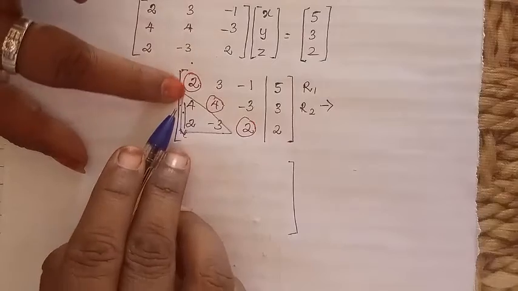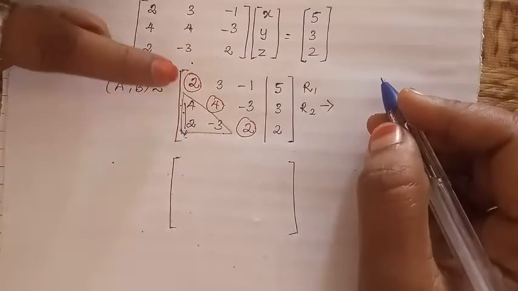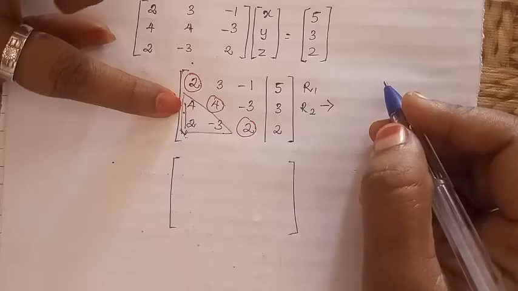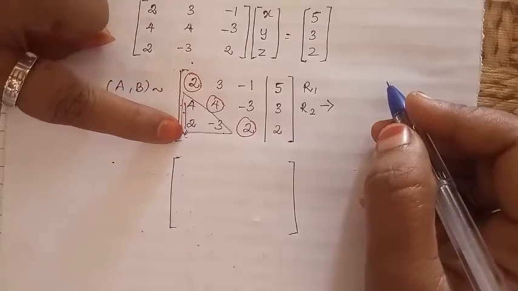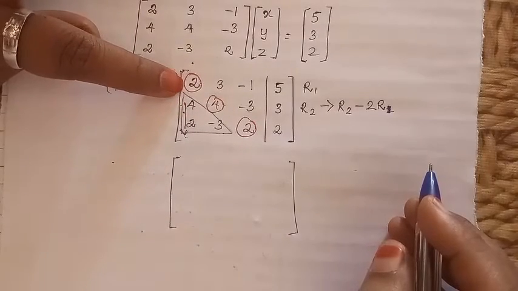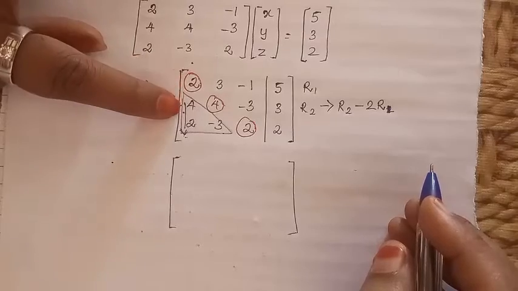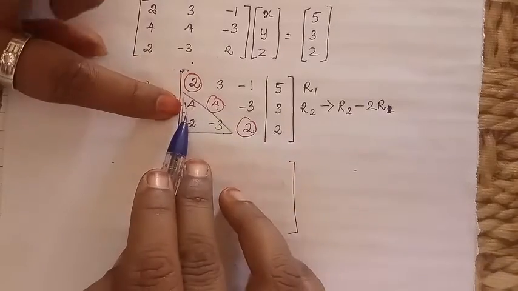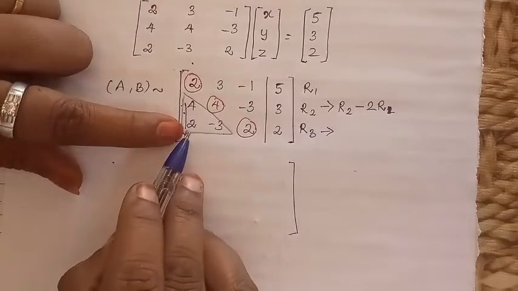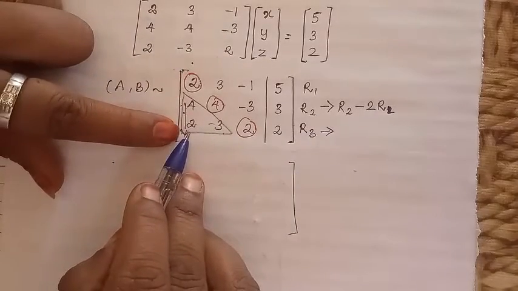First, let us concentrate only on the first column. Let us keep row 1 as it is. In row 2, we are going to change this 4 to 0. When you multiply row 1 by 2 and subtract it from row 2, we can get the value of this as 0. Similarly, to make this element 0, you can directly subtract row 1 and row 3.